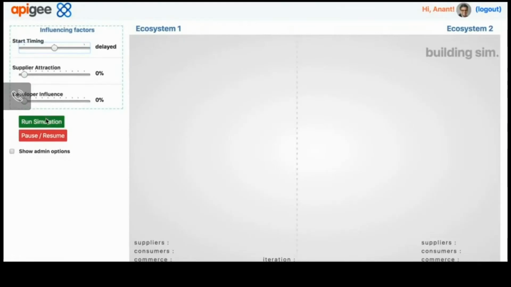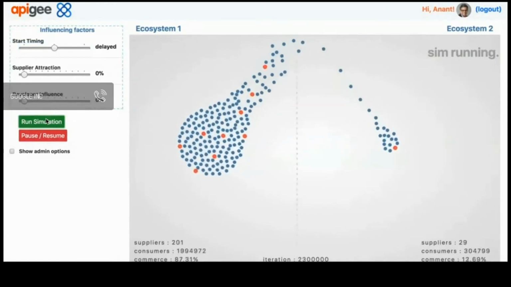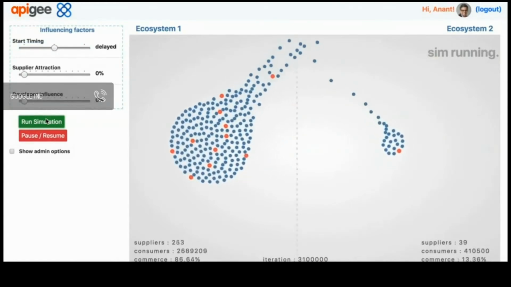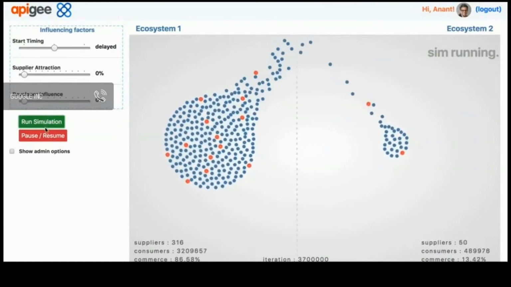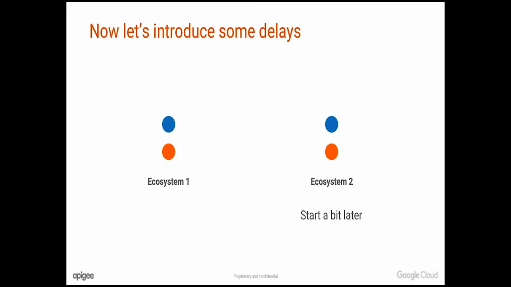As I'm assuming you guys are seeing, what's really going to go on is that ecosystem 2 is actually going to do much worse, okay? So what we did was we introduced a delay in the simulation. I don't know whether you guys observed it, but we actually started attracting the suppliers and consumers to ecosystem 2 after some time.